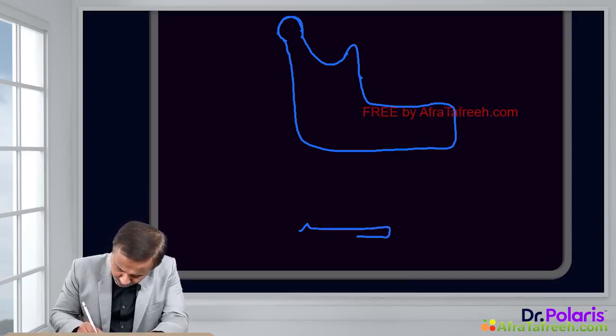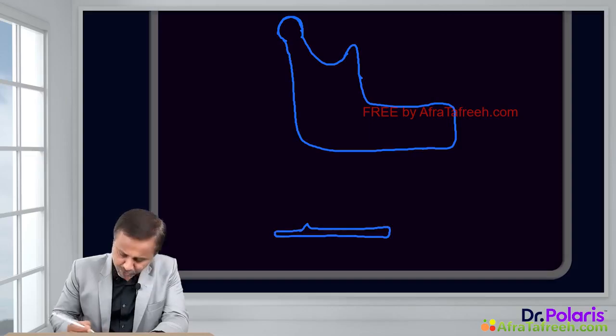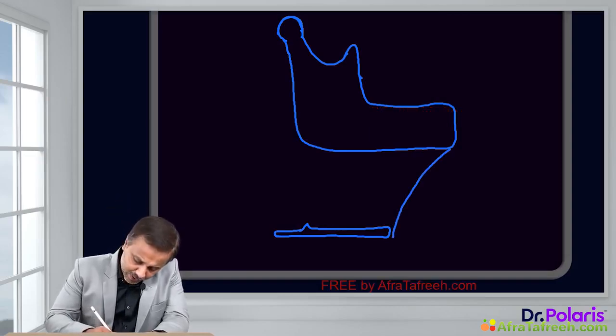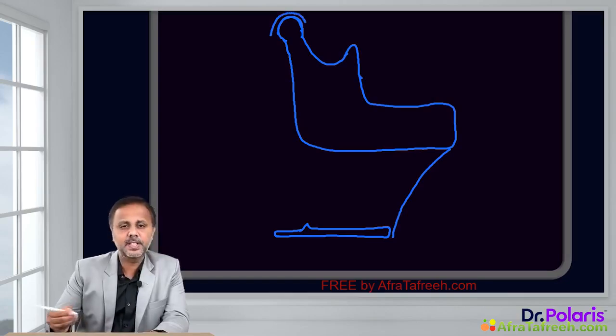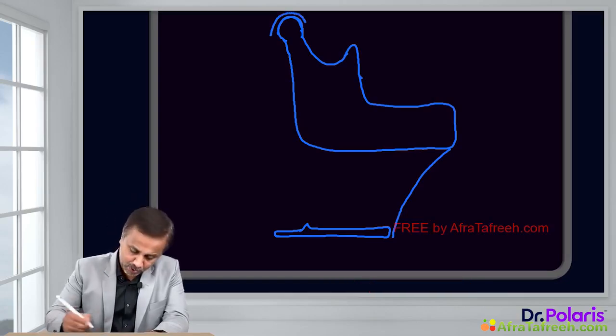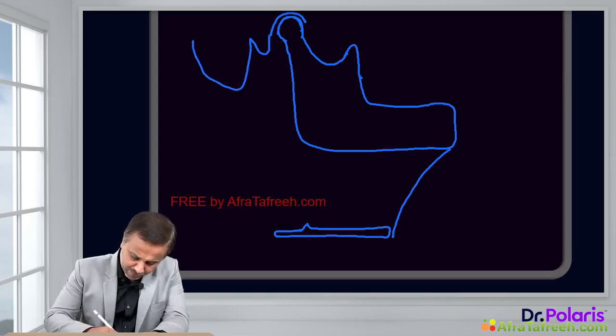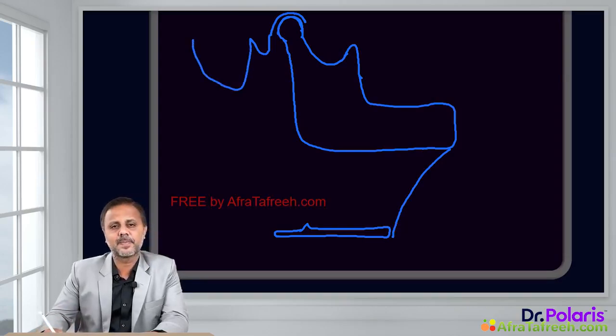Let's say this is the outline of the hyoid bone. Then we have the anterior midline of the neck. The condylar process of the mandible articulates with the articular fossa of the temporal bone. Then let's imagine this is the spine of the sphenoid, and here we have the mastoid process.